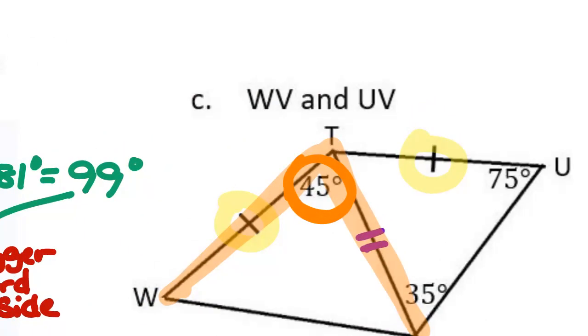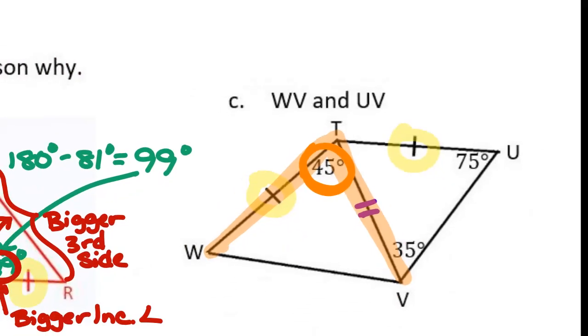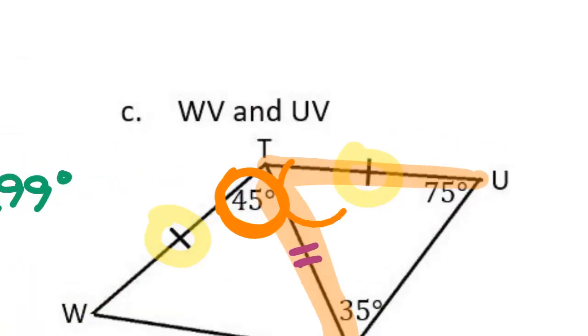That's my included angle. For the other triangle, here's a marked side, here's a marked side. This would be the other included angle, but I don't know how big it is. Can I figure it out? Yeah, let's go ahead and do that.